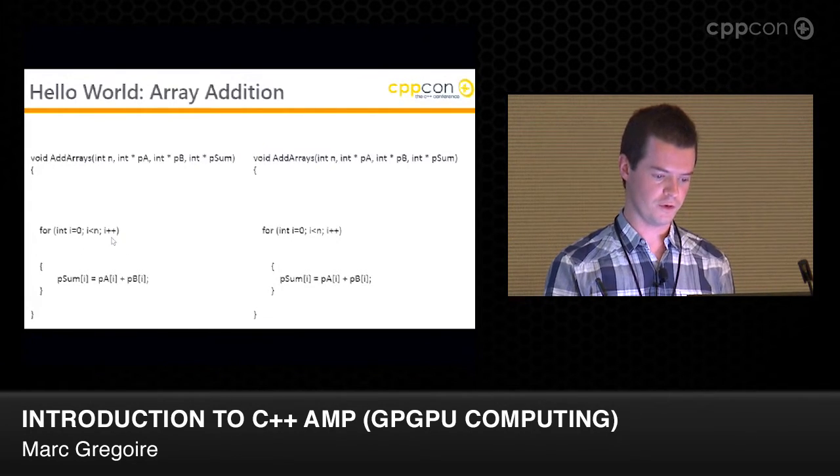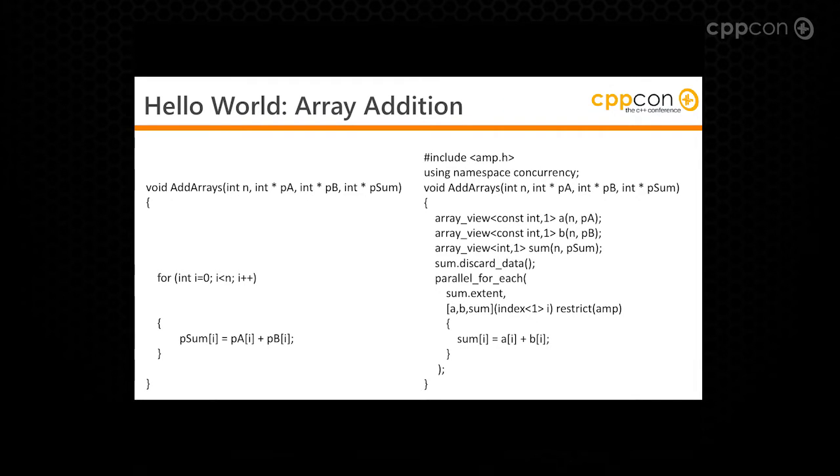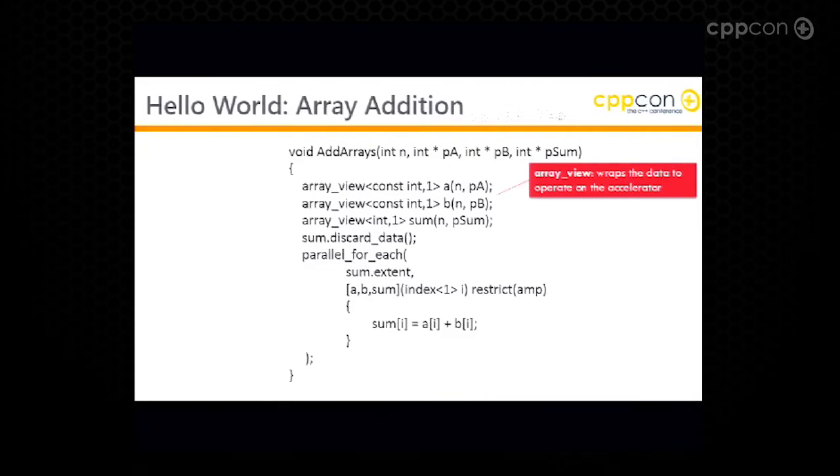If we want to convert this to AMP, the first thing you have to do is include the header file. Let's just add a using namespace here. Then we convert our input arrays into array views so that C++ AMP can make use of them.